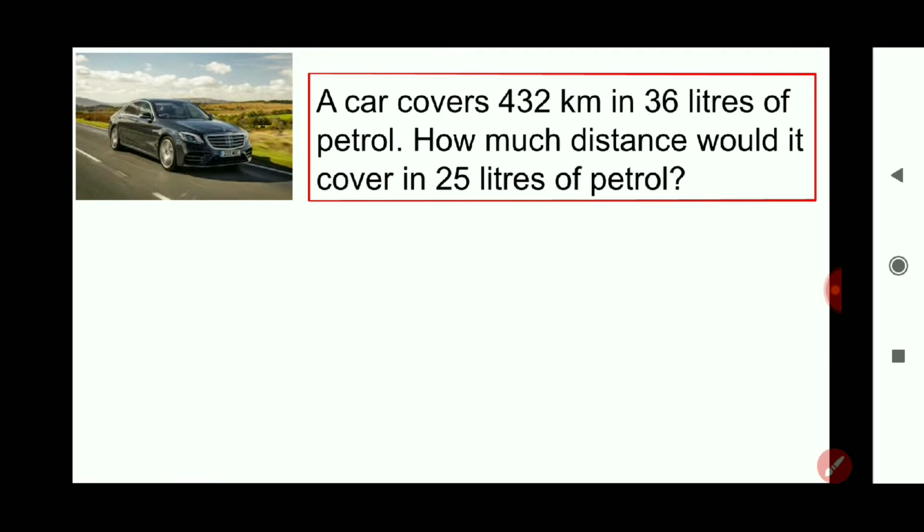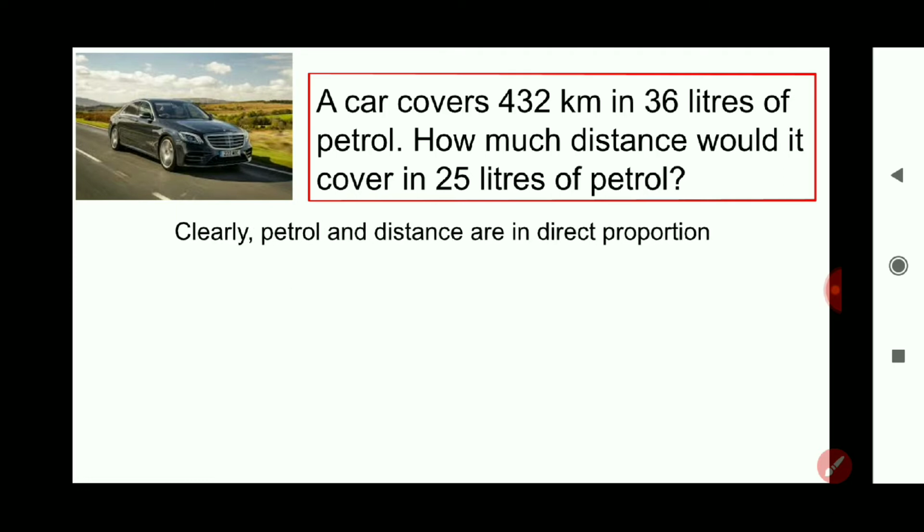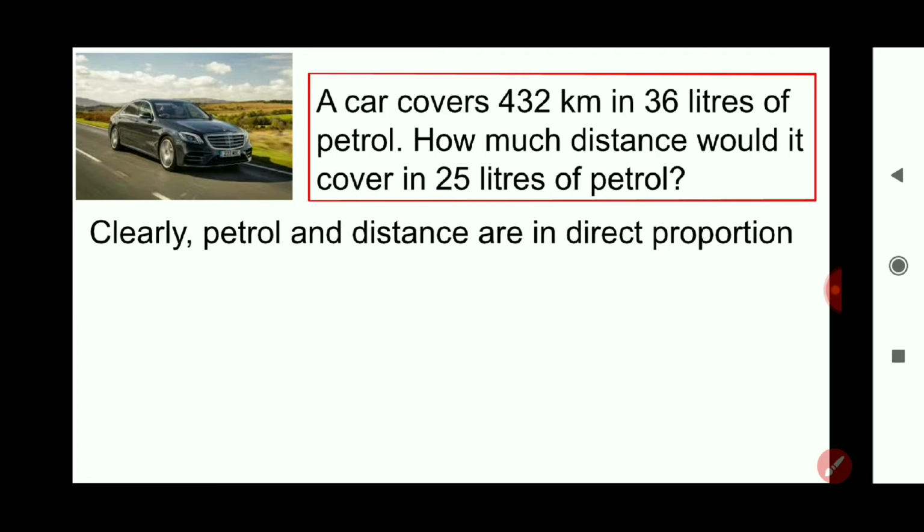Now let us solve a small question. A car covers 432 kilometers in 36 liters of petrol. How much distance would it cover in 25 liters of petrol? We know that consumption of petrol and distance are in direct proportion.